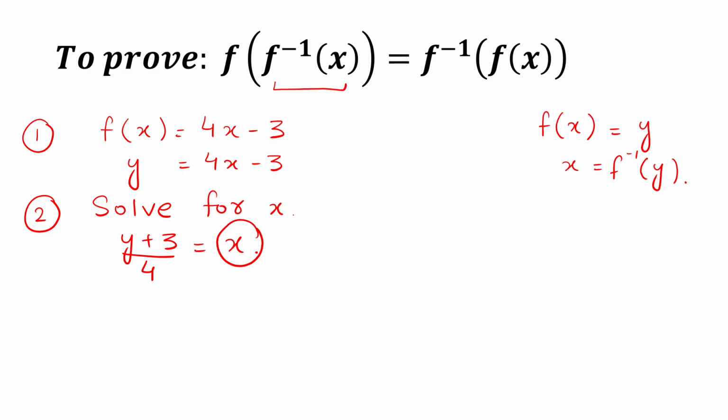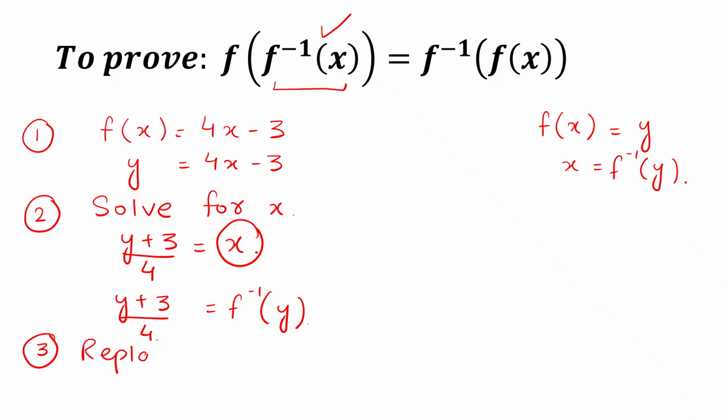Now plug in the value of this x, which is f inverse of y. Step 3 is we replace this y with x because we need f inverse of x. So the inverse of the function is x plus 3 over 4.